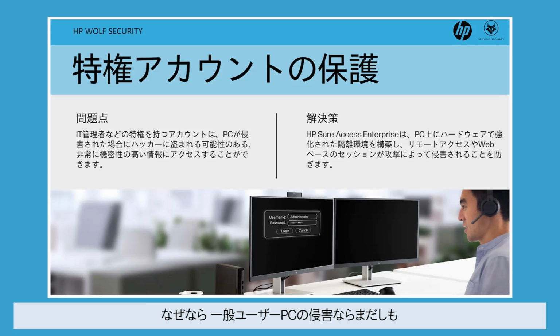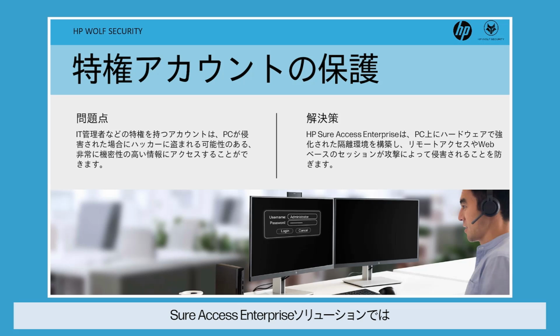Because it's one thing if the PC of a regular user gets compromised, but if the attacker can compromise the system administrator, they get instant access to everything. And so the damage that can be done when an administrator's session gets compromised is much more severe than a regular user.